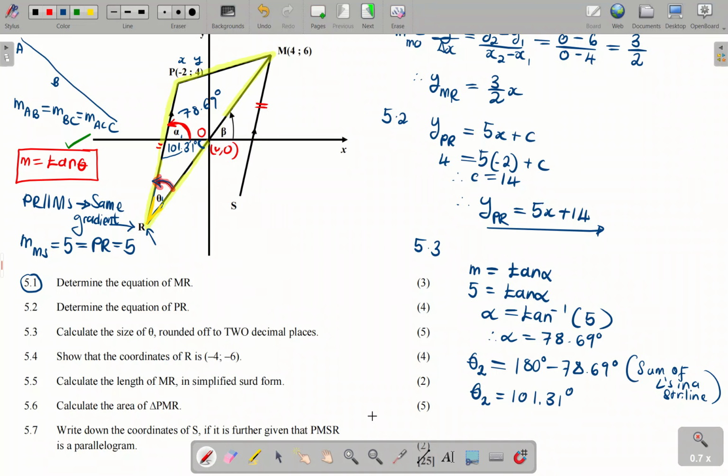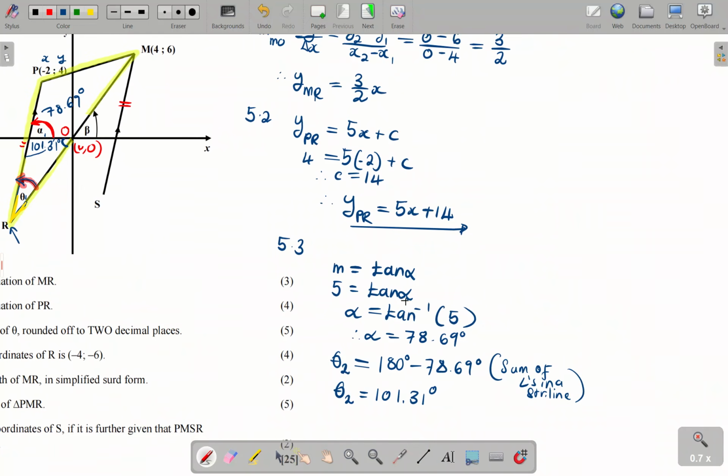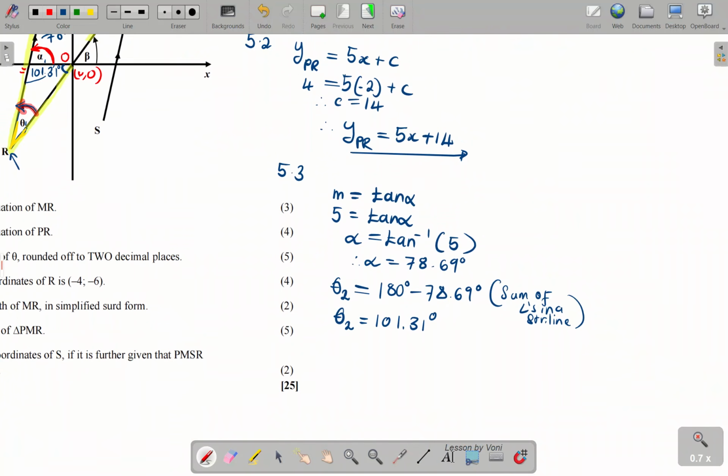So let me move this aside. I'm just going to say, okay, use this again, guys, this is the angle of inclination. The angle measured from the right to the straight line. That's the angle of inclination. So now m is equal to tan of beta.